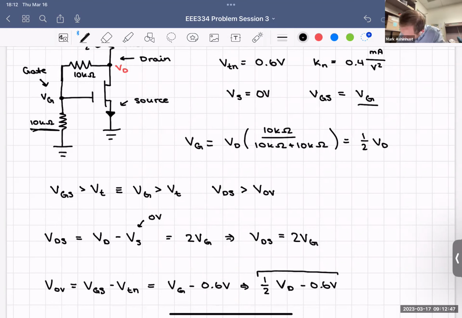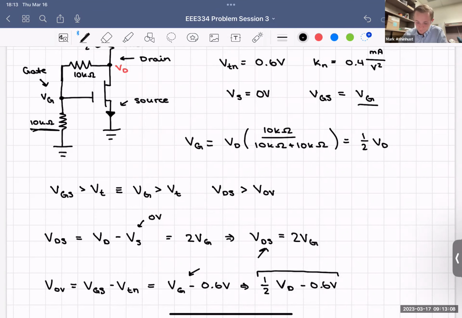We're not going to use this one because we're going to keep this in terms of VG, and we're going to keep VDS in terms of VG. That way we can use that to help us solve. We have one less variable we need to solve for. Once we know VG, we can solve for VD.